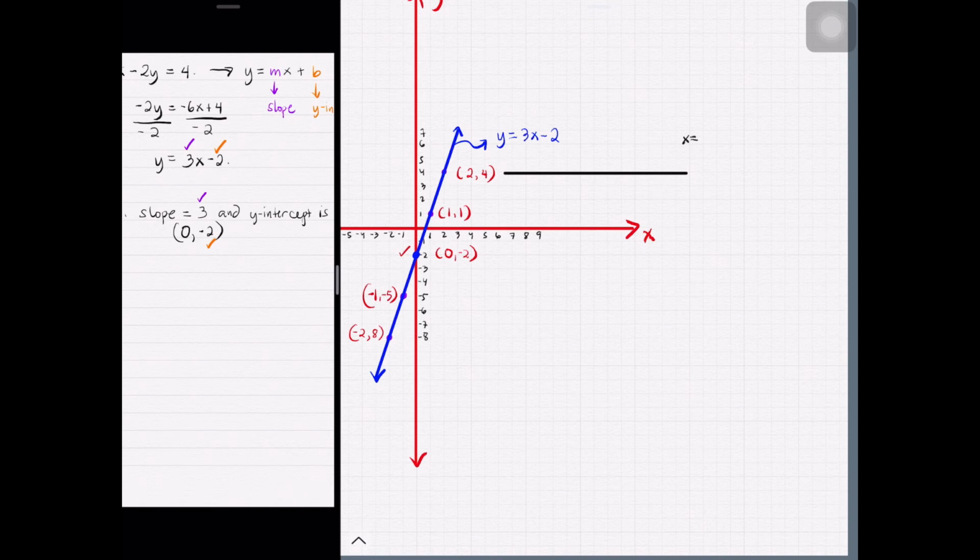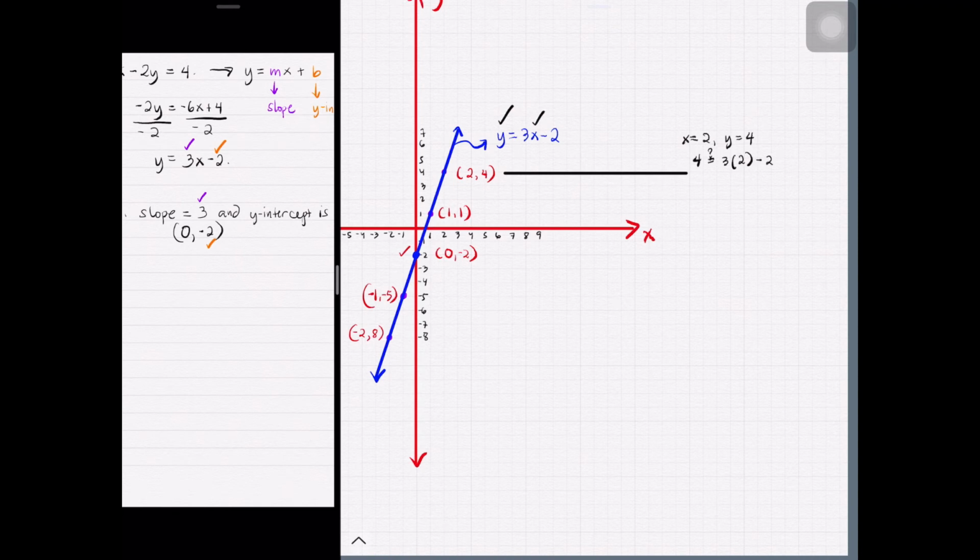One way to verify its correctness would be analytically. That is, for the point (2, 4), we can check if the point (2, 4) would satisfy the equation y equals 3x minus 2. Since the y value for the point (2, 4) is 4, the left side of the equation would be 4. And the right side of the equation would be 3 times x, and our x here is 2.